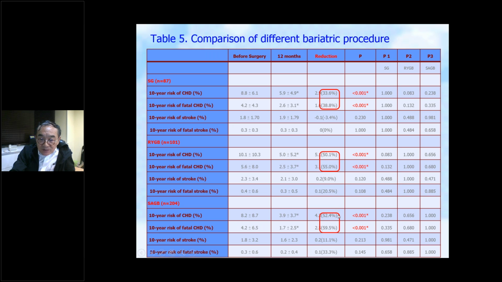And for the single anastomosis, you can see the reduction is all above 50%. So in metabolic surgery, the cardiovascular disease risk is reduced more in bypass procedures compared to the sleeve. And we did a multivariate analysis, and it showed sleeve is a negative predictor for the reduction of CVD risk.